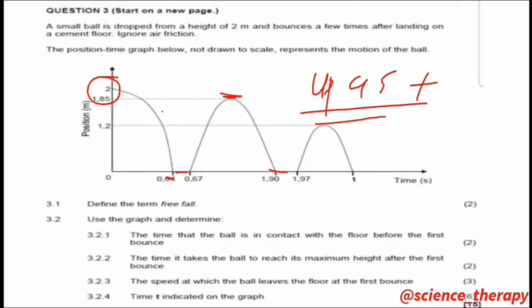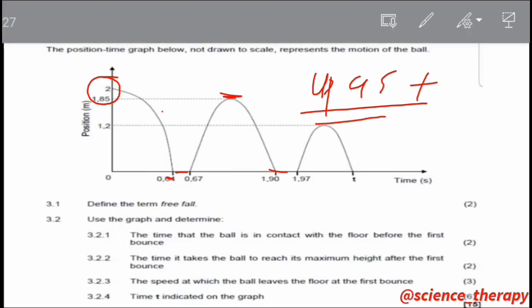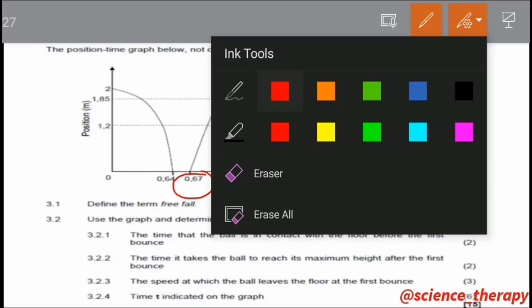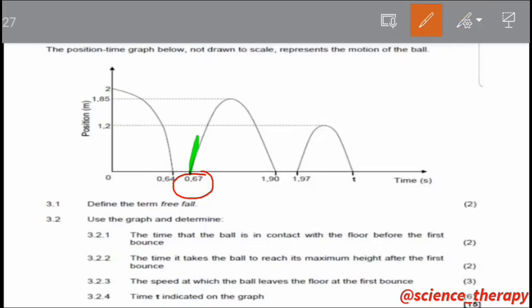Now 3.2.2 says the time it takes the ball to reach its maximum height after the first bounce. So where is the first bounce? The first bounce is happening at time 0.67 seconds, right? Then we want the time it takes to reach the maximum height there. So the time we are looking for is the time in between here, right?